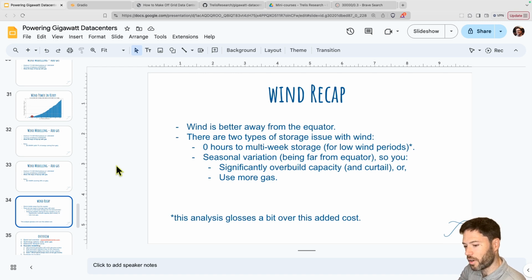And then the seasonal variation is also fairly strong. Being far away from the equator, you have periods of the year with quite a bit of wind and periods with less. And this forces you to either significantly overbuild capacity and curtail the wind because you've built too much, or to just use more gas, as I demonstrated here in this example.